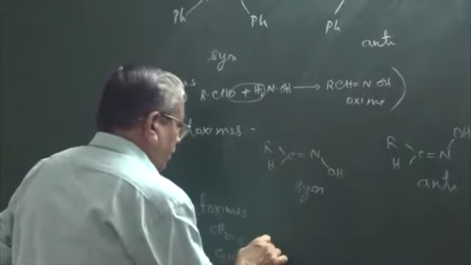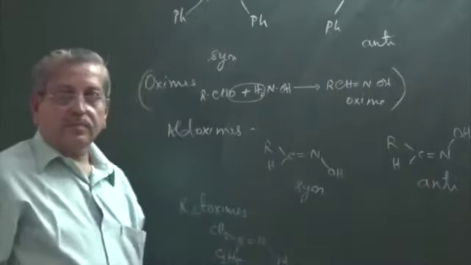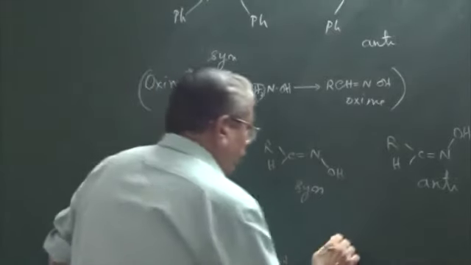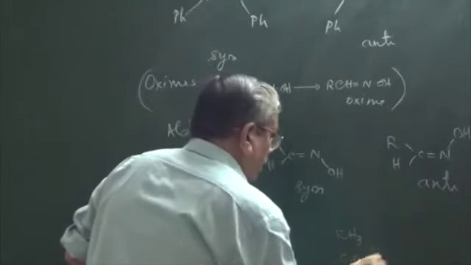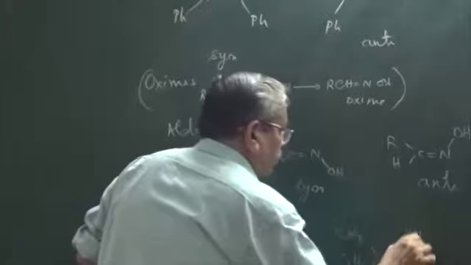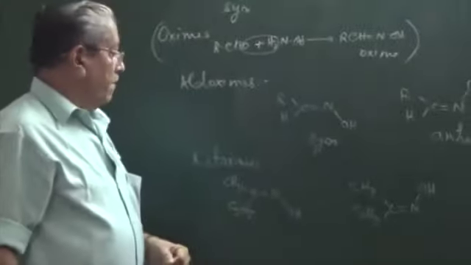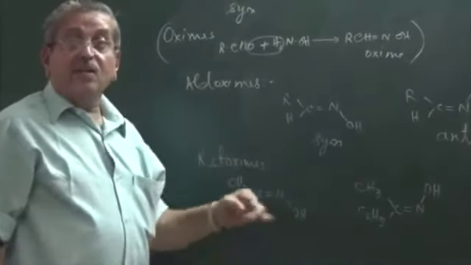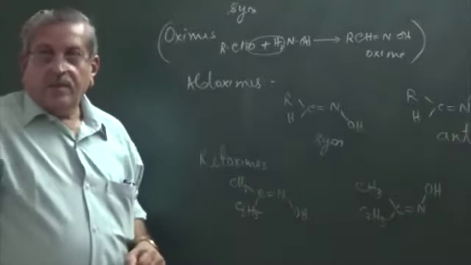Then the ketoxime: CH3, then C2H5, then C double bond NOH. So these two are called syn and anti forms.